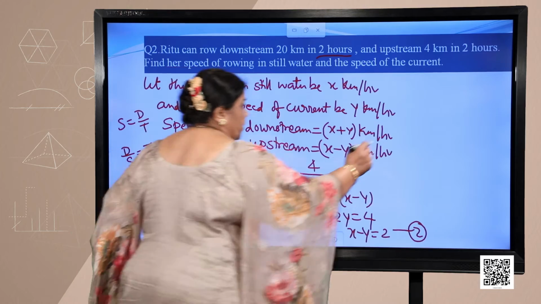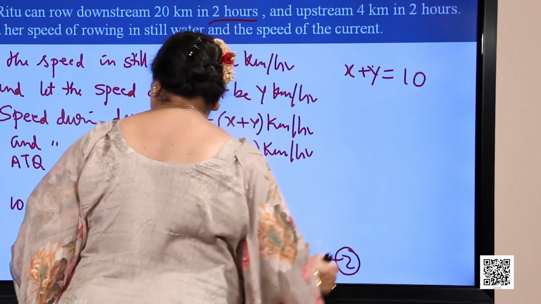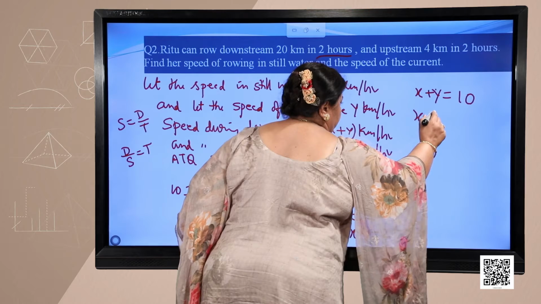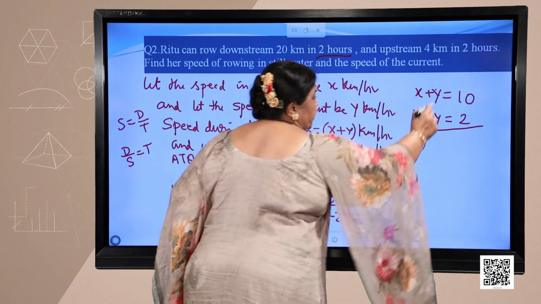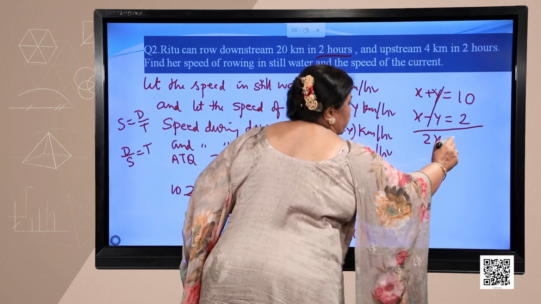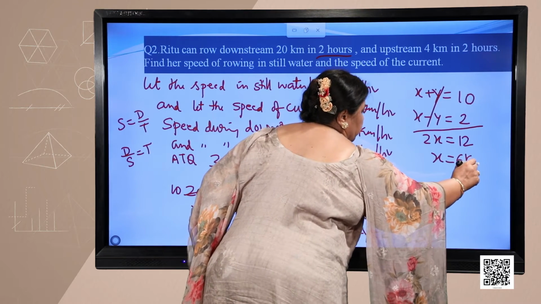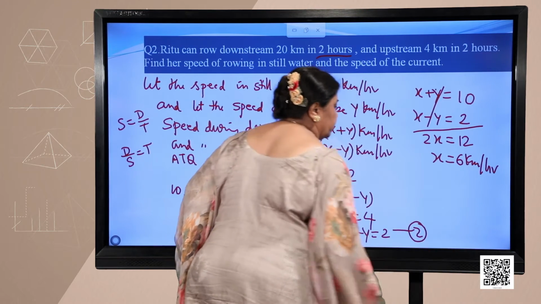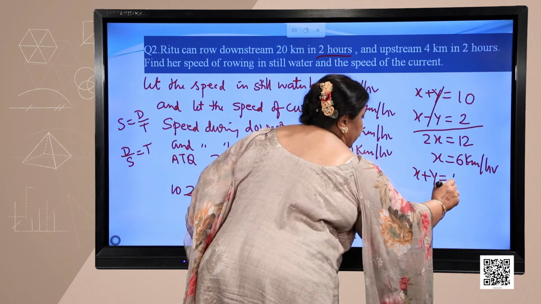Let us solve them. We have x plus y is equal to 10. We have x minus y is equal to 2. Shall we add them? We get 2x is equal to 12 or x is equal to 6 kilometers per hour. Likewise, for y, x plus y is 10.